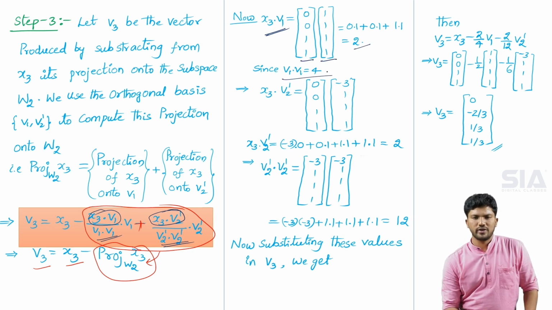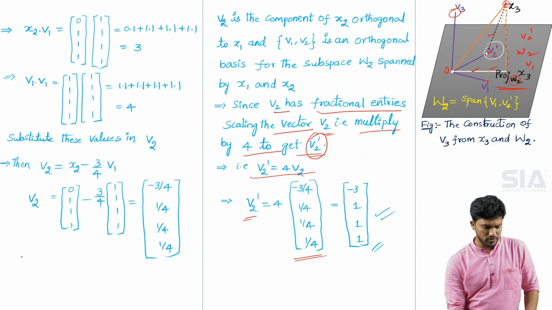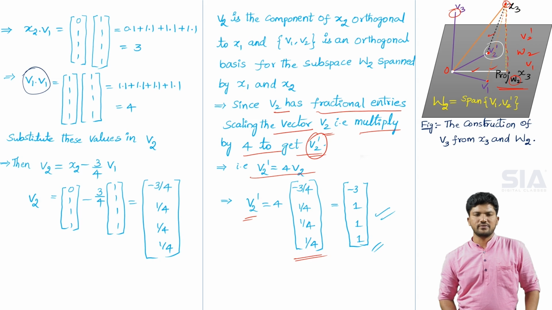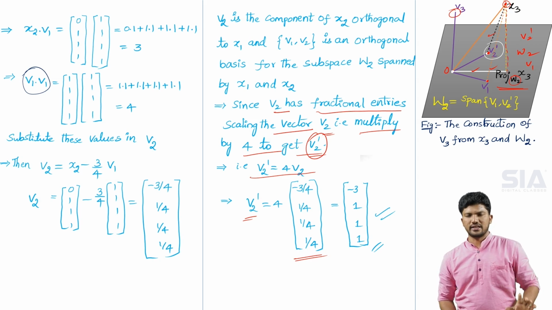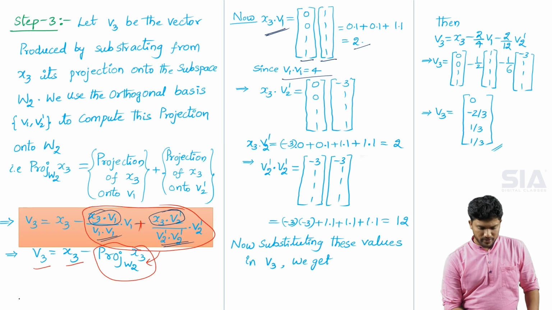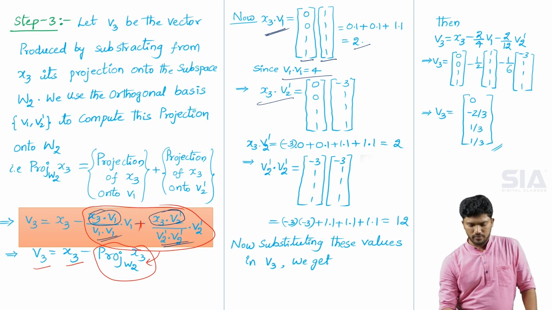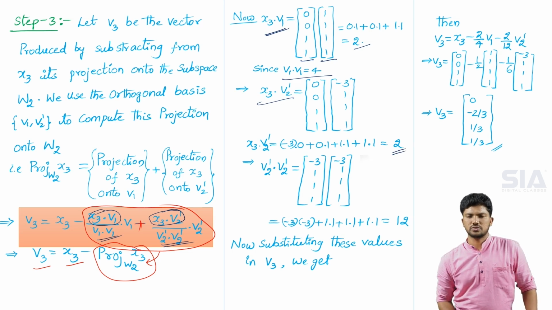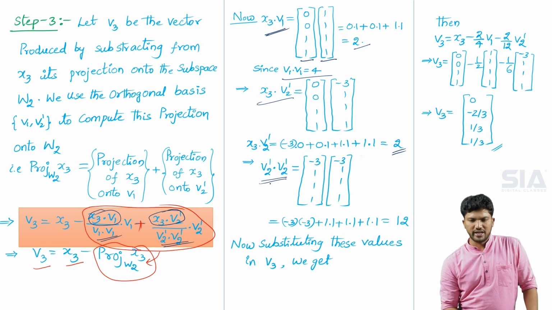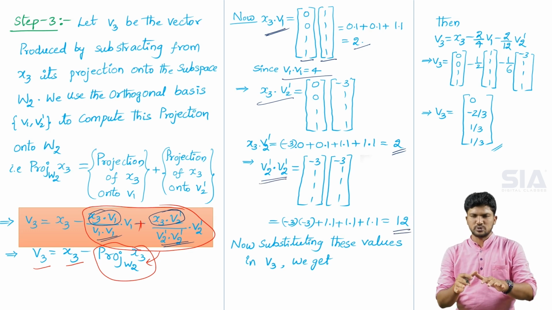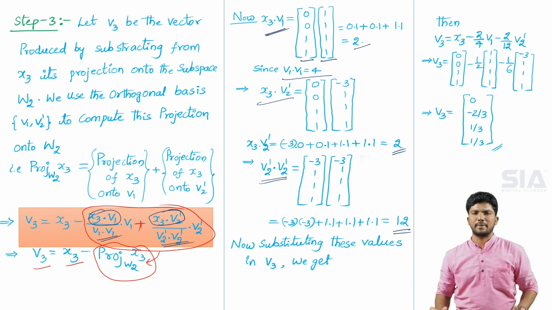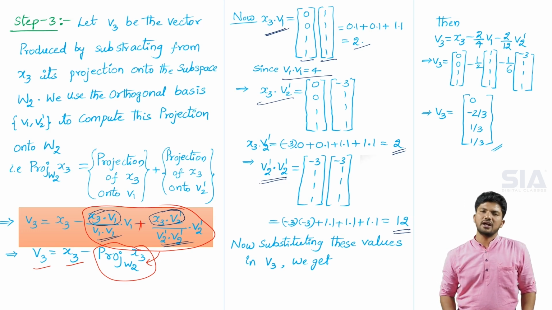Since v1 into v1 is equal to 4, from the previous slide, while finding the second vector v2, we found that v1 value also. Next, x3 into v2 dash is equal to 2. Next, v2 dash into v2 dash is equal to 12. Just simply substituting those vector values and multiplying them, you will get the values.